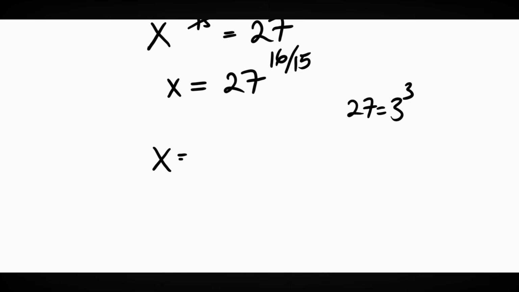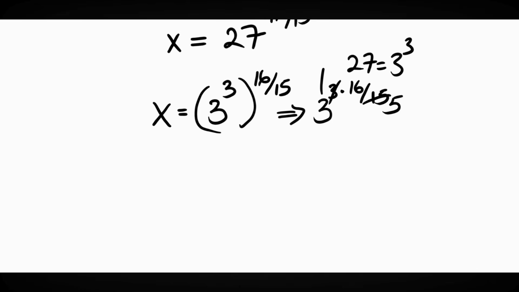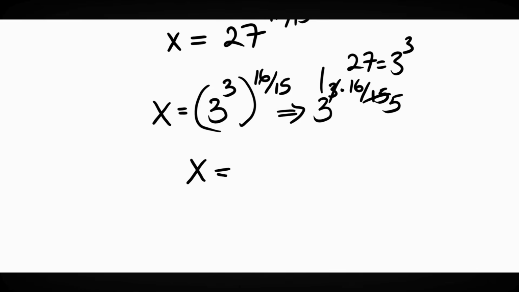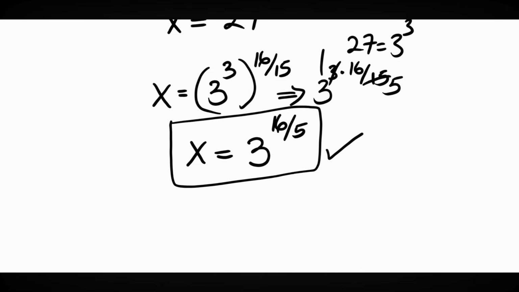So now we have x equals 3 raised to power 3 times 16 over 15. The 3 here is 1, the 3 here is 5. So our x now is equal to 3 raised to power 16 divided by 5. And now this is our final answer to the question.